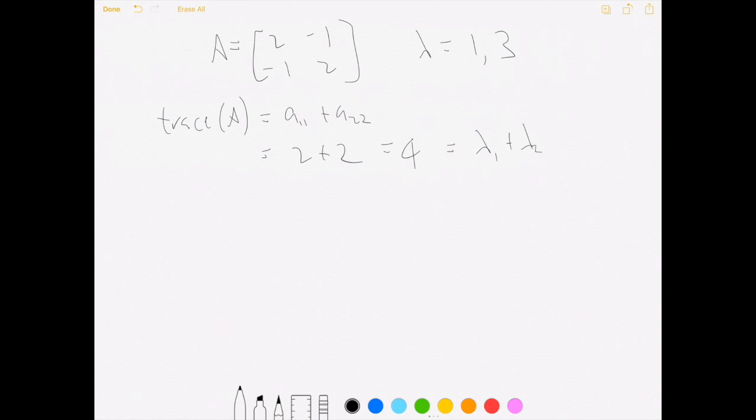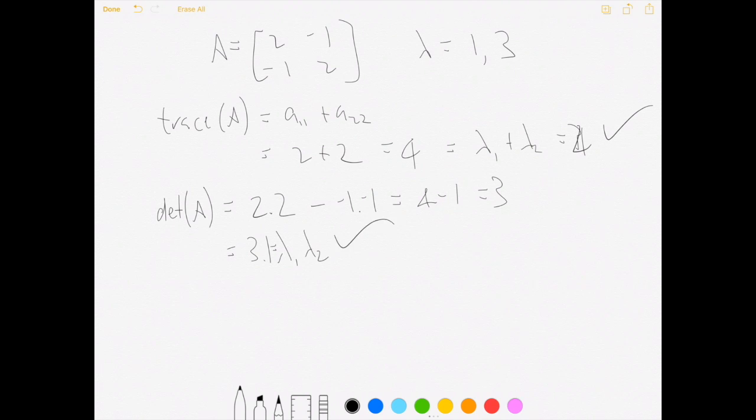Lambda 1 plus lambda 2 equals 4 also. The determinant of A is 2 times 2 minus (-1) times (-1), which is 4 minus 1, which is 3, and indeed that equals 3 times 1, which is lambda 1 times lambda 2. Okay, so that result holds.